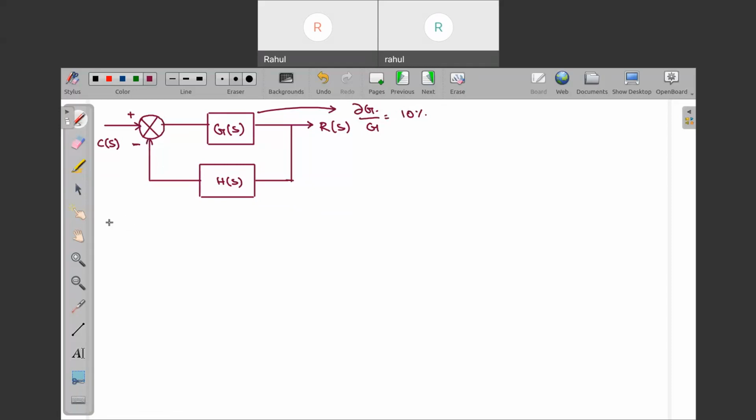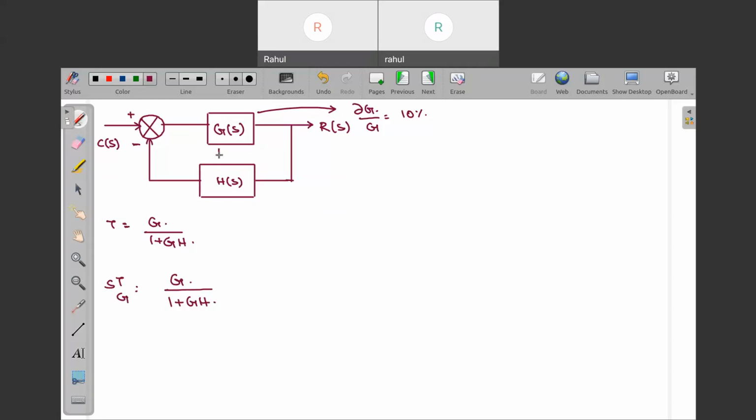So how do we calculate? T is equal to G divided by 1 plus GH, and we know S_T^G is given by 1 divided by 1 plus GH. So here actually we need the value of G and H to calculate this S_T^G.